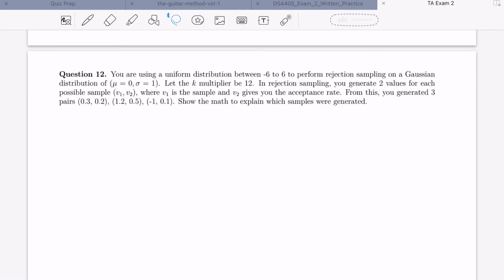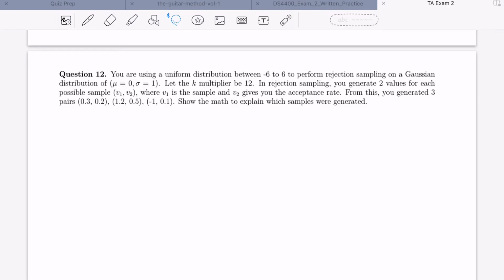Hey guys, so now that we have some background on rejection sampling, let's actually answer the question. Question 12 asks: you're given a uniform distribution between -6 to 6 to perform rejection sampling on a Gaussian distribution with mu 0 and sigma 1. Let the k multiplier be 12.